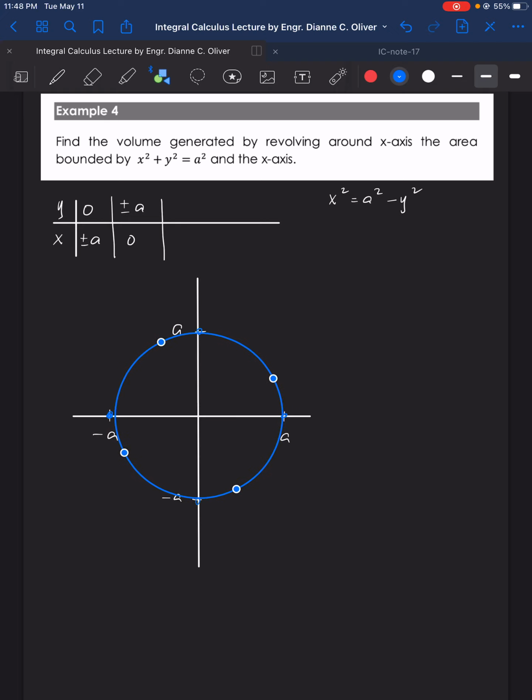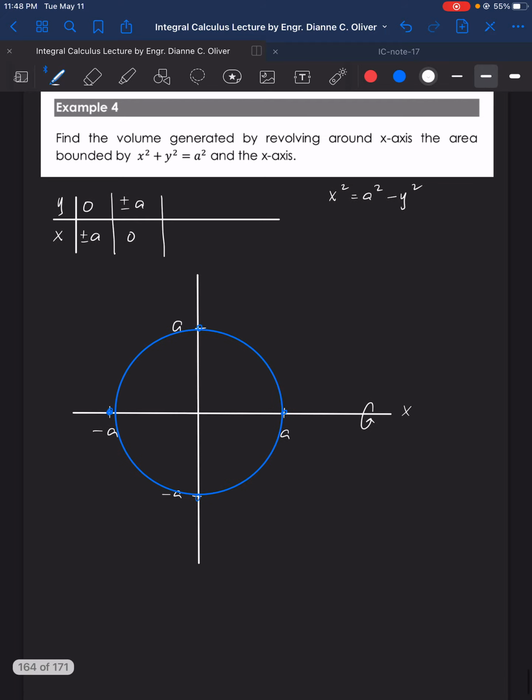And it says here that the axis of revolution is the x-axis, so what we're forming here is a sphere. So let's see if we can derive the volume of a sphere.